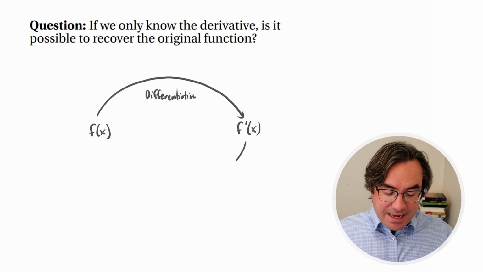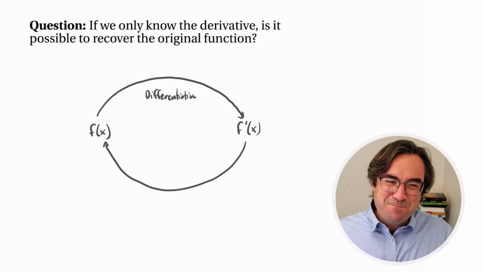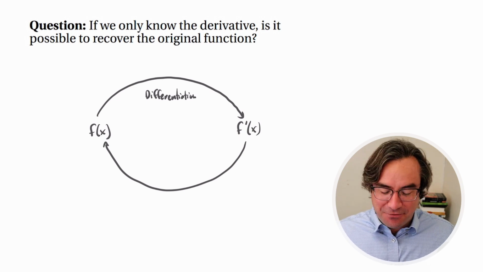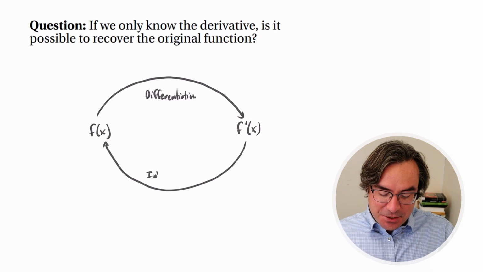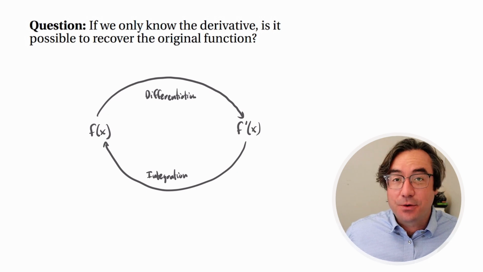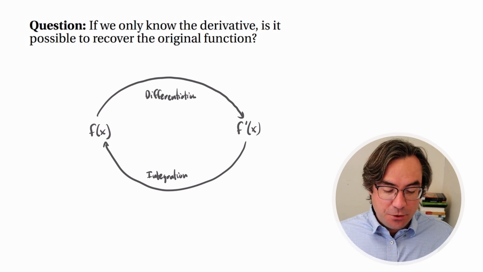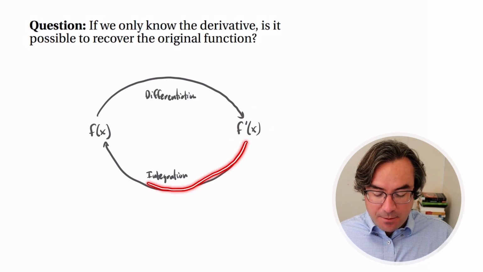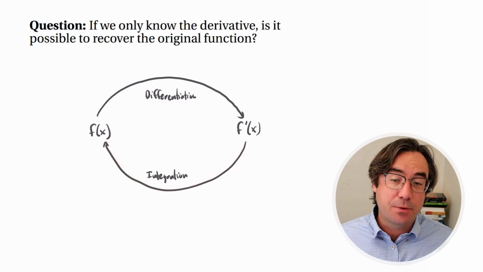And the answer is yes, but not quite, not fully. So the process we're going to call integration. If we have the derivative, it is, for the most part, possible to go back to the original function.